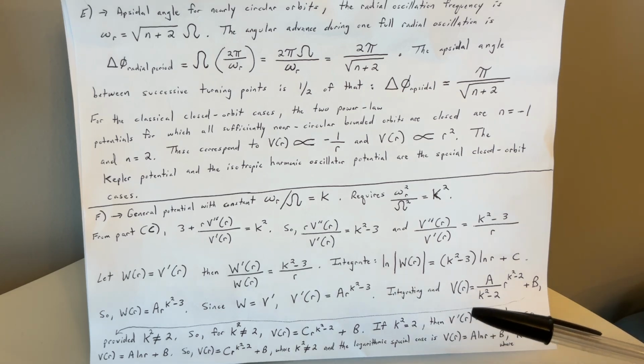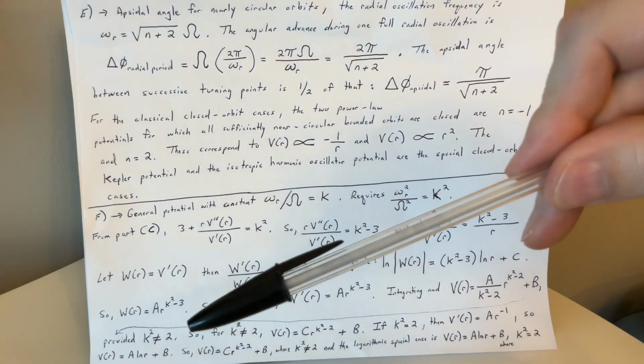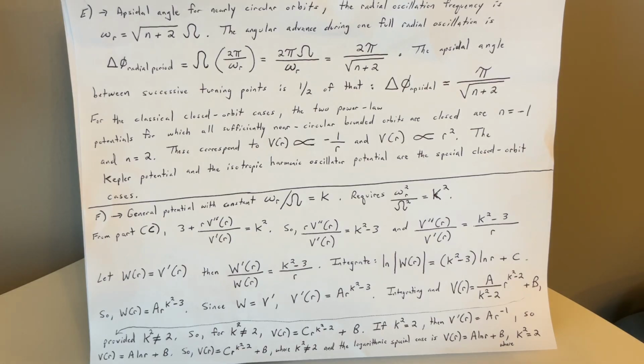Integrating, V of r is going to equal A over k squared minus 2 times r to the k squared minus 2, and then plus B. That is provided that k squared does not equal 2.